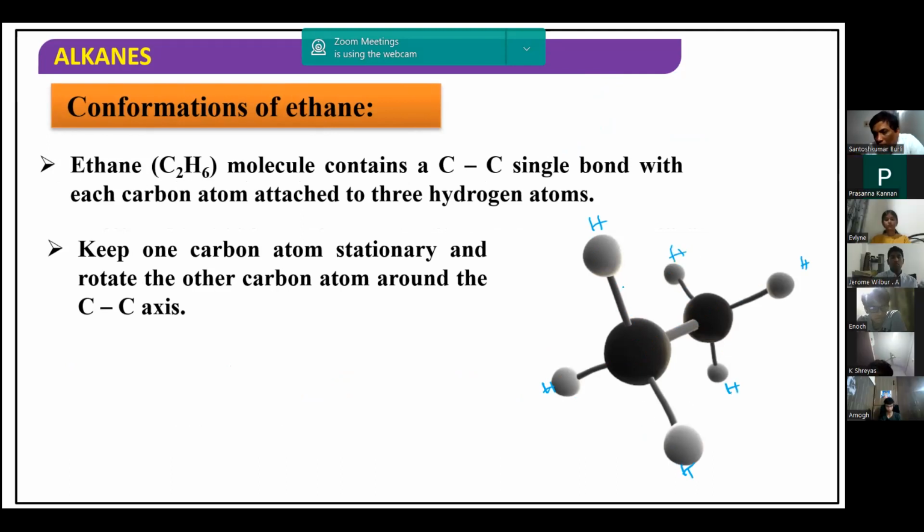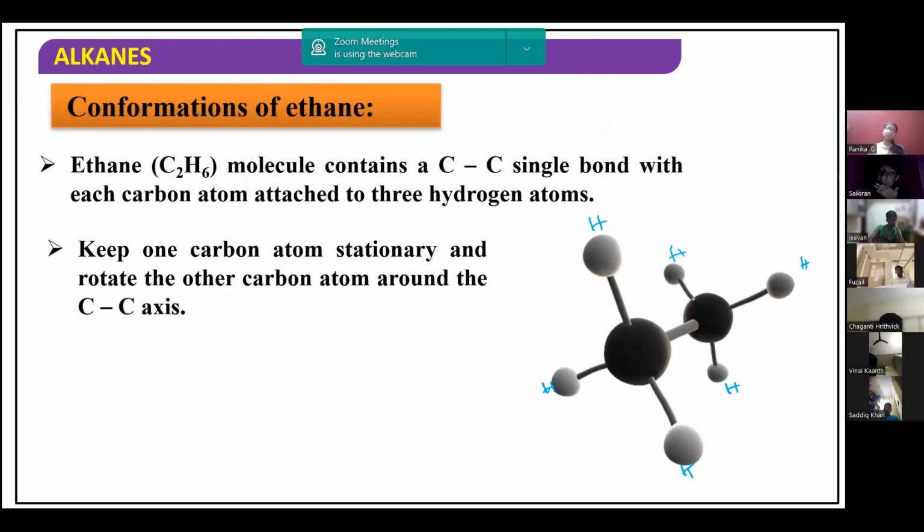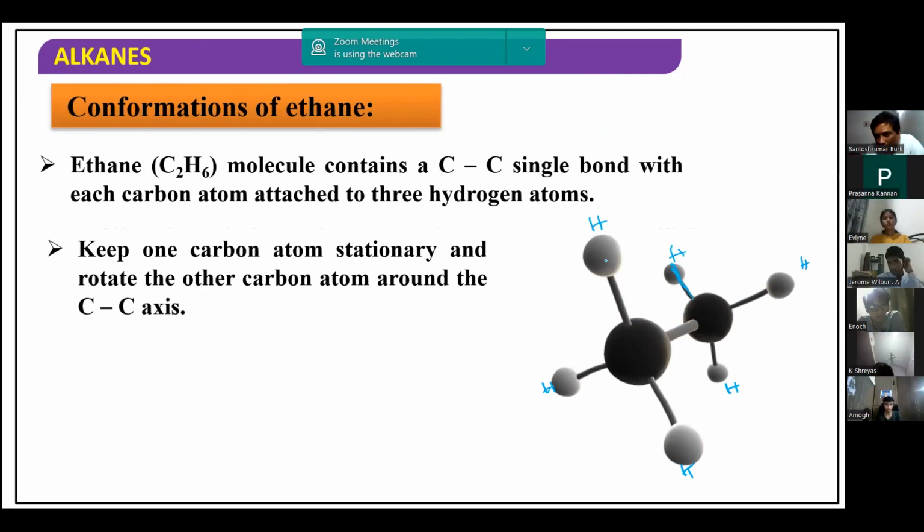Now, if we have this CH bond and this CH bond parallel, exactly parallel to each other, this CH bond is parallel to this CH bond, and this CH bond is parallel to this CH bond. So all CH bonds are exactly parallel to each other, which means these CH bonds are nearest to each other.